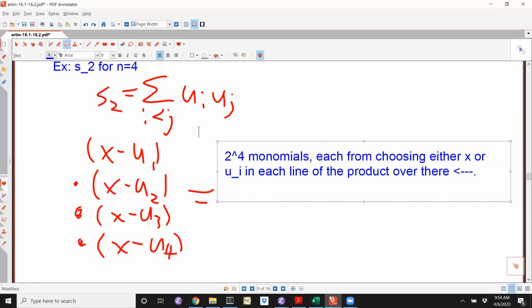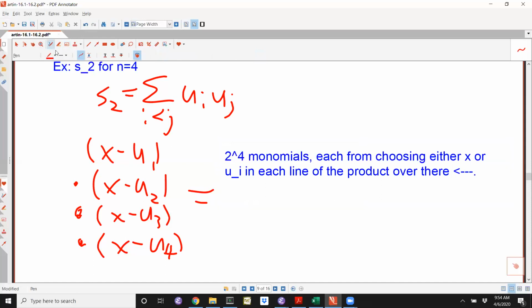So for example, what's one way to do that? One way to do that would be to pick x and then u2 and then x and then u4. And if you do that, that gets you x squared times u2 times u4, which is u2 u4 x squared.